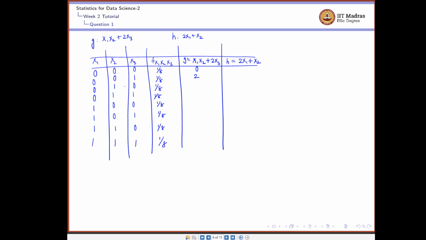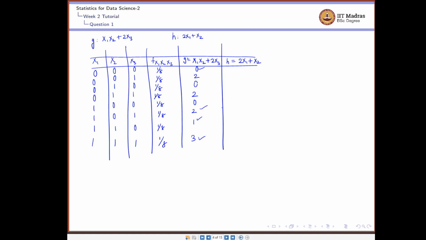The third one we are going to have again 0. For the fourth case, we are going to have 2. This is going to be 0. This is going to be 2. This is going to be 1. And this is going to be 3. So as we can see, g is taking the values 0, 1, 2 and 3.